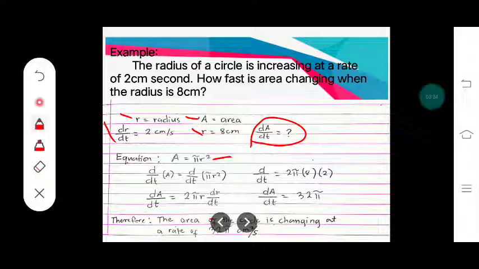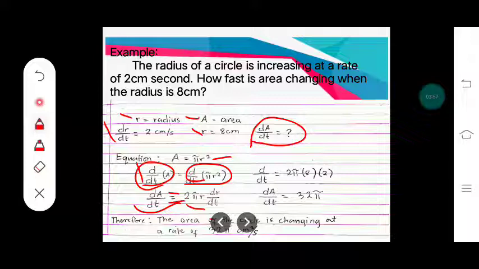Okay, we have here d over dt of A is equal to d over dt of pi r squared. So the derivative of this is dA over dt equal to 2 pi r times dr over dt.